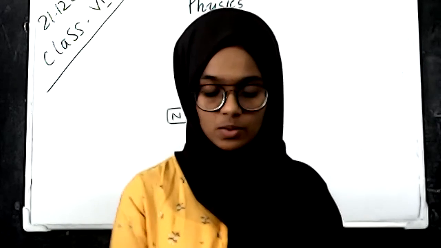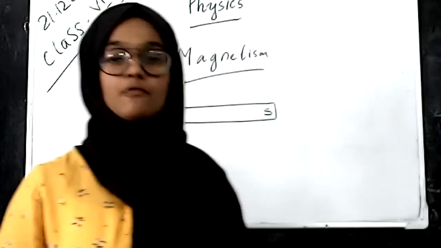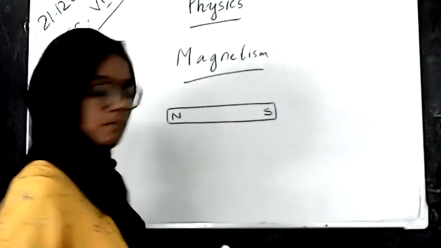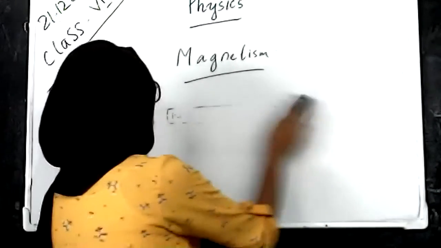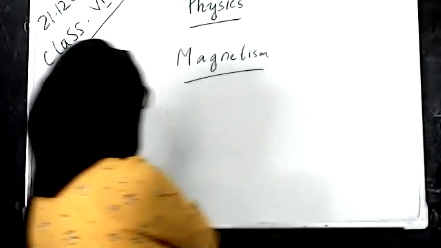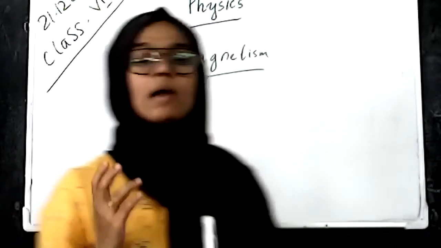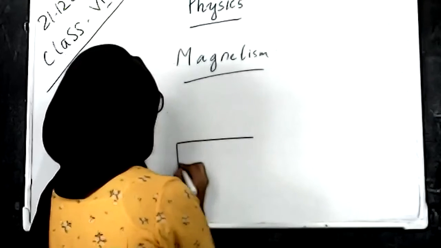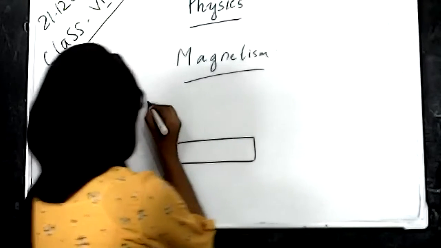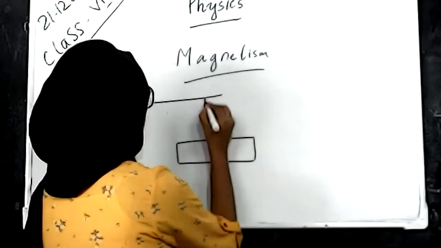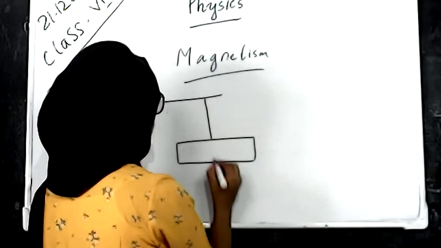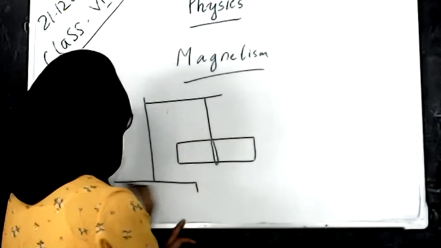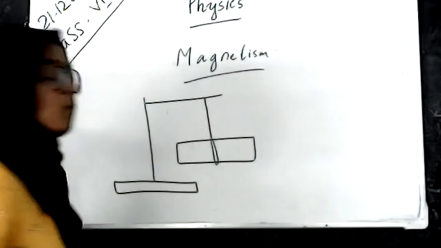Next we have to discuss a freely moving magnet. We have to make a freely moving magnet. Take a bar magnet, tie a thread on it and hang it freely from a stick. So this is a freely moving bar magnet.